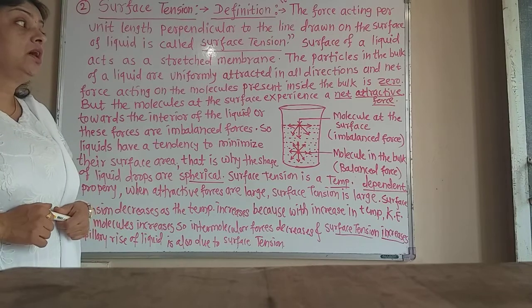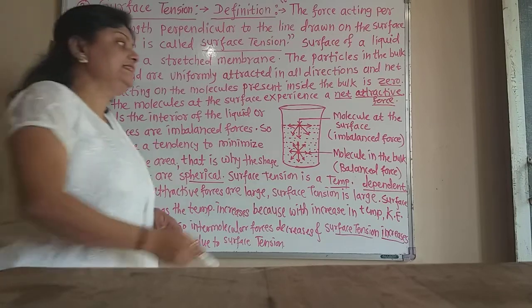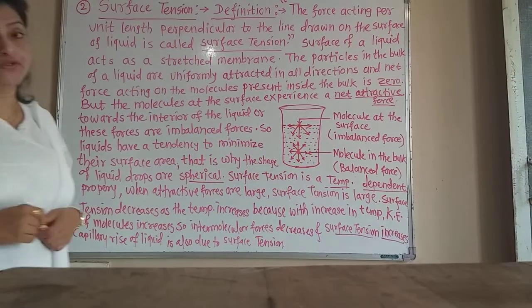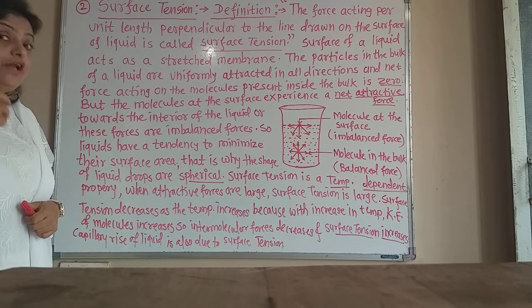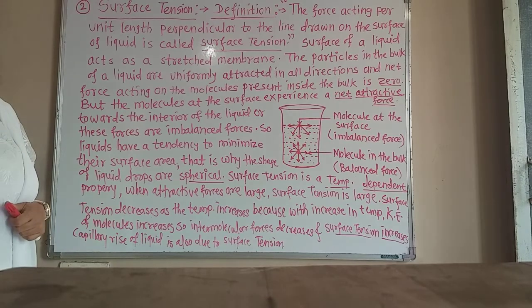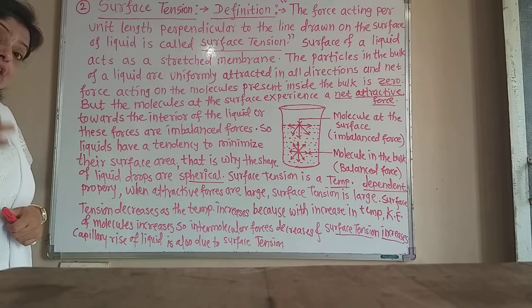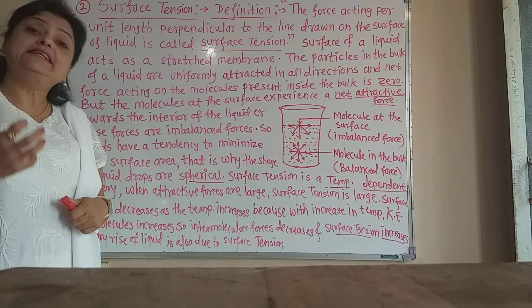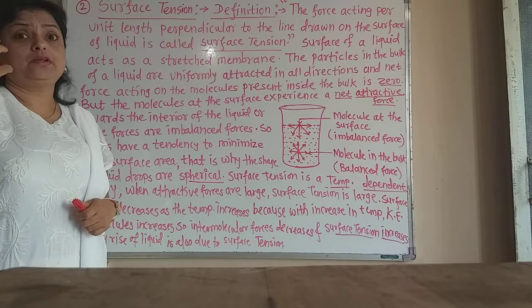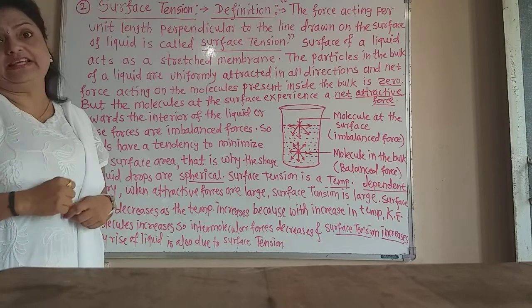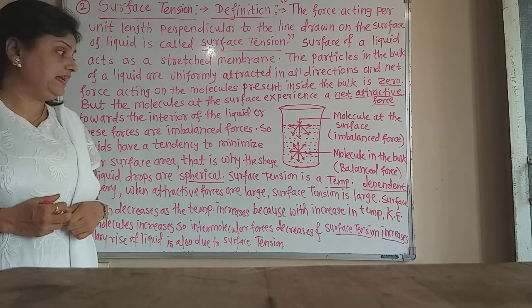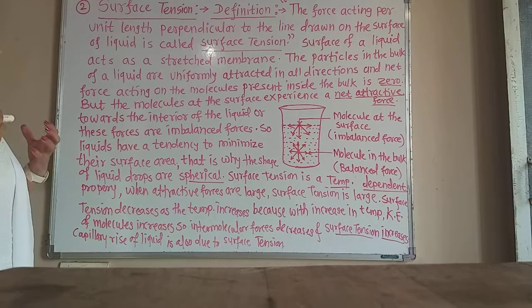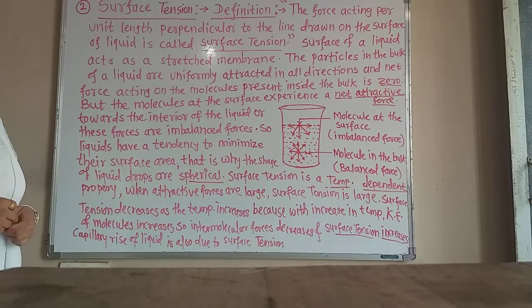That means the molecules at the surface experience an imbalanced force. Due to that imbalanced force, the liquid tends to take the least surface area. That is why the liquid takes a spherical shape.